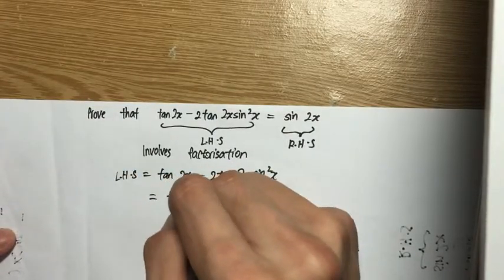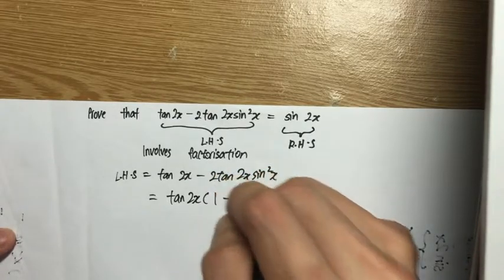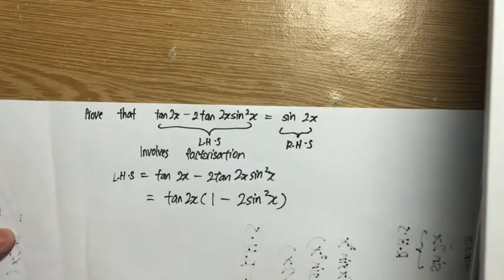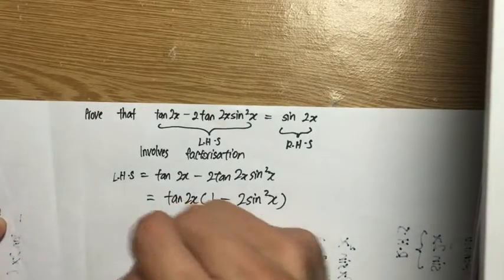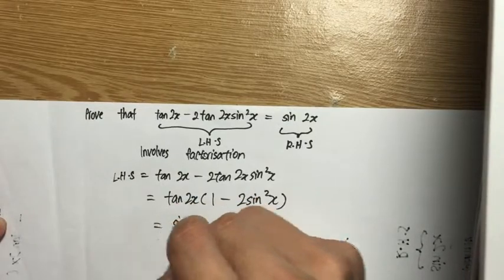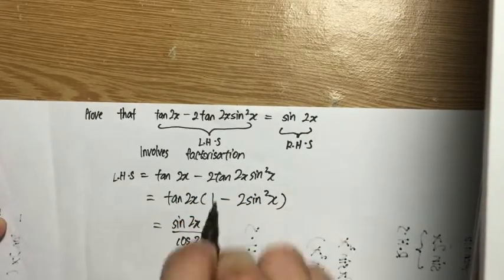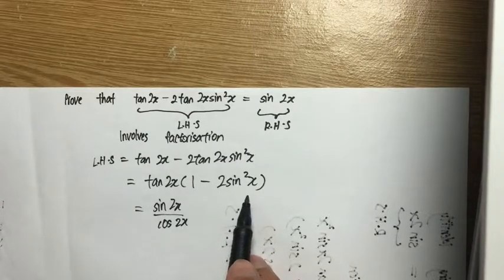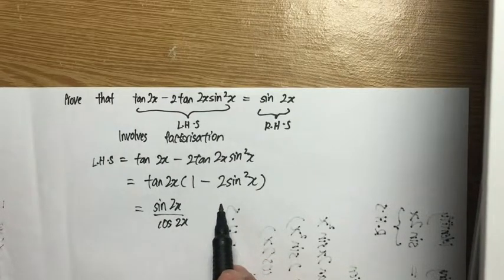And we will get tangent 2x times 1 minus 2 sine square x. From here, we can see that we can simplify tangent 2x into sine 2x over cosine 2x. Similarly, if we look over here, we have 1 minus 2 sine square x, which we can simplify into cos 2x by using the double angle formula.